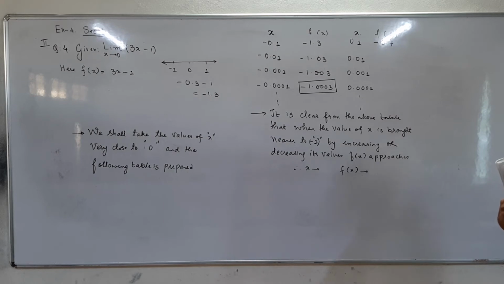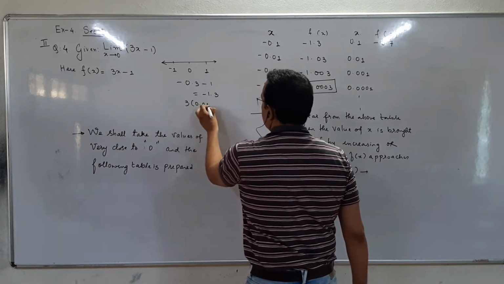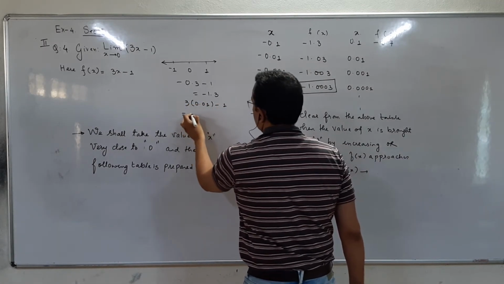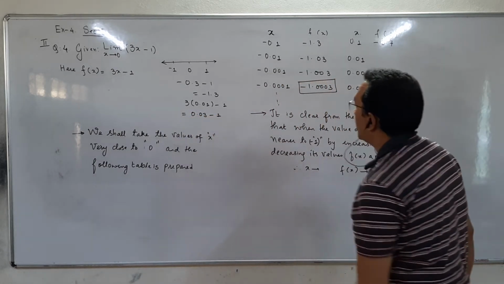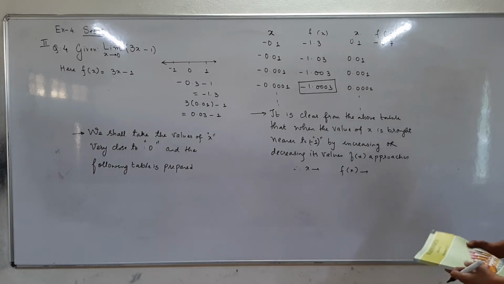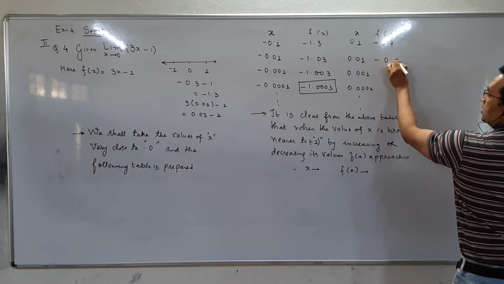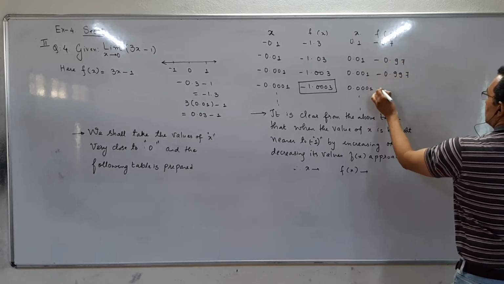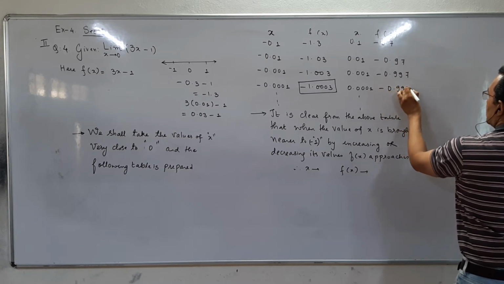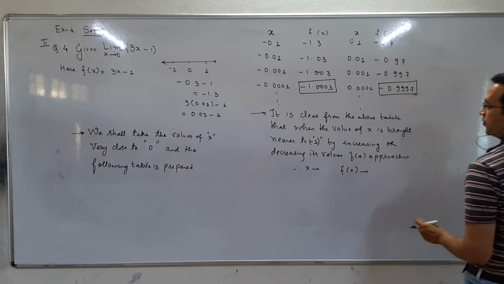Then when I take 0.01, check 3 into 0.01 minus 1, so this is 0.03 minus 1. So this will be minus 0.97. This will be minus 0.997, minus 0.9997. This is also approaching minus 1.